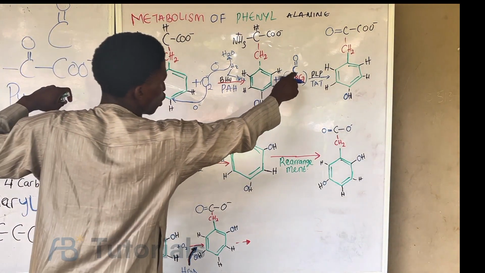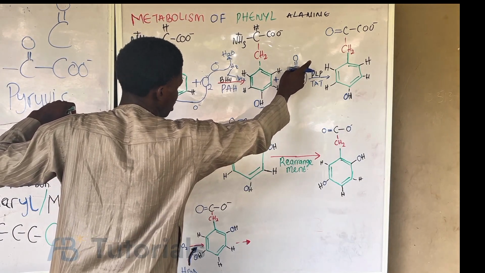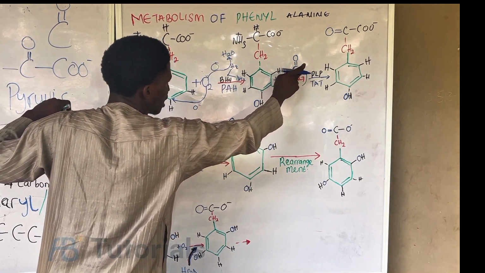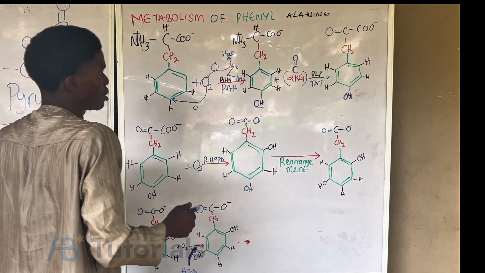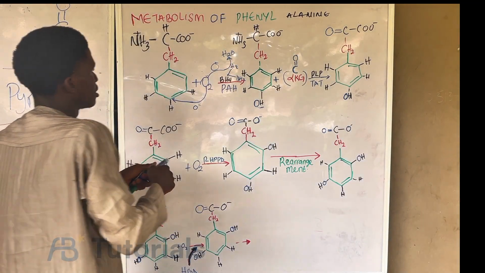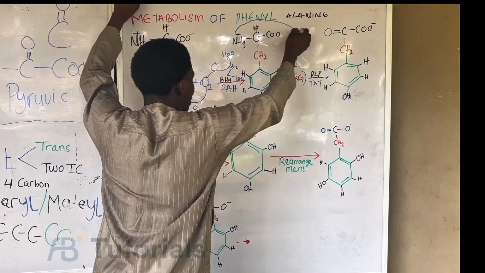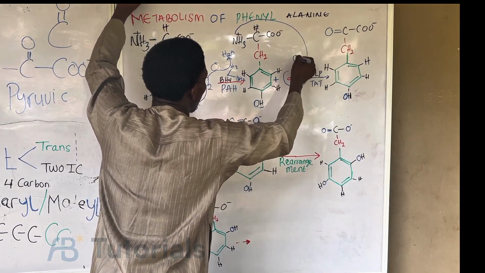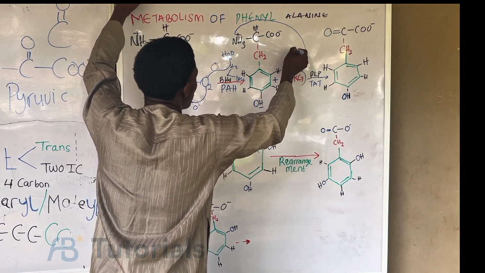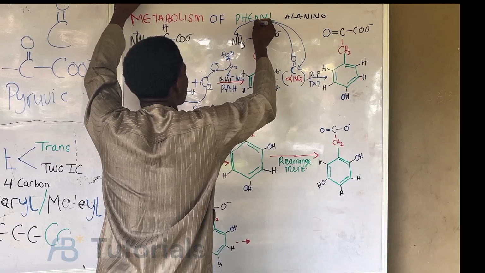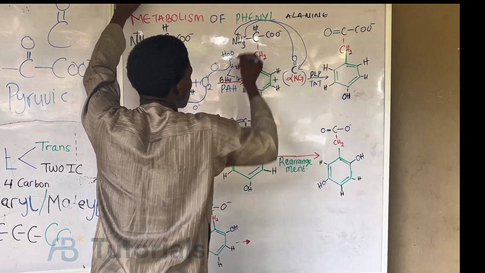Both carbonyl, I mean the ketone and the aldehyde, have this carbon carrying oxygen on it. So what is going to happen here is that this ammonia part will be transferred to this ketone carbon, while the oxygen on the ketone carbon will be transferred to this position.